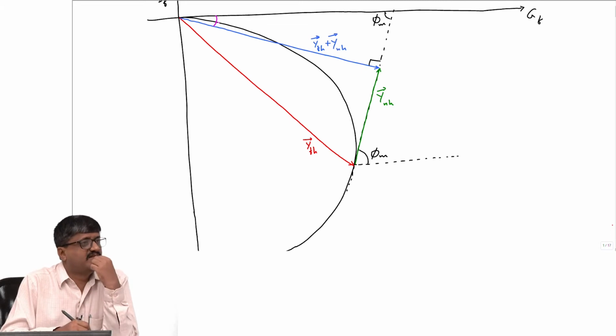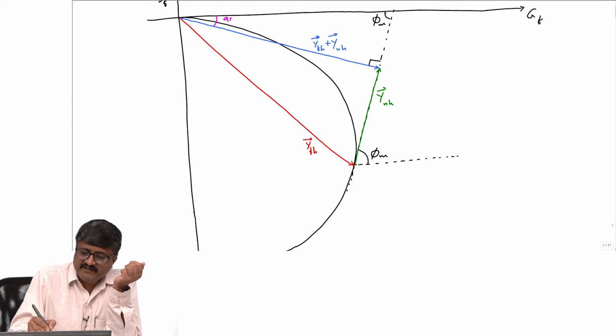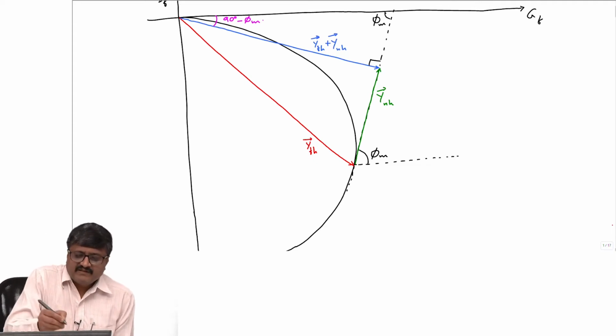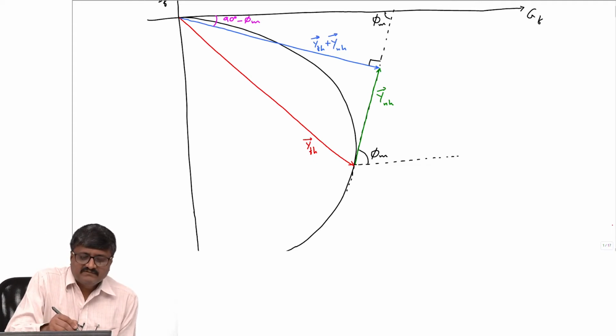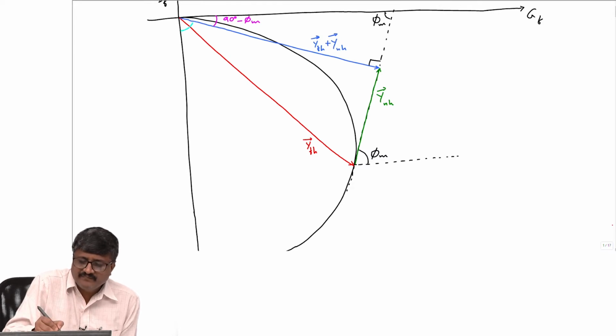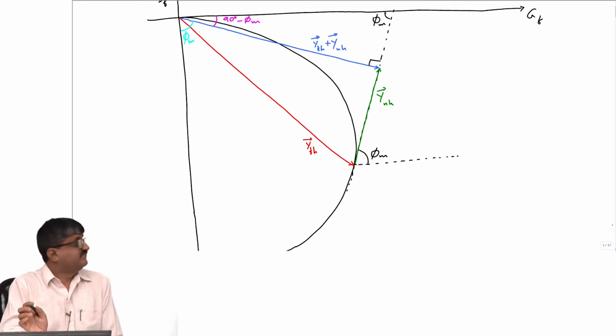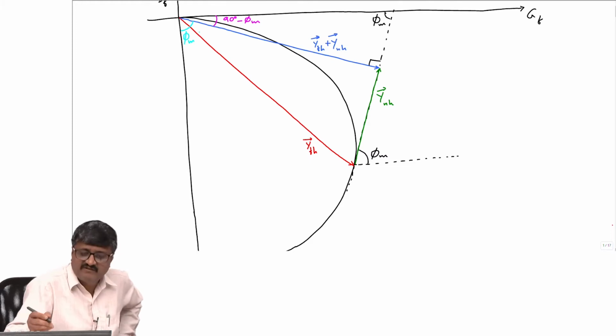What is this? 90 degrees minus phi. So, from that I get the other. Suppose I take this angle phi m.